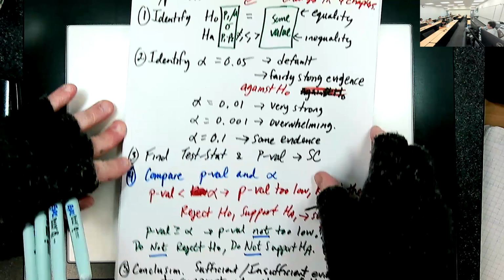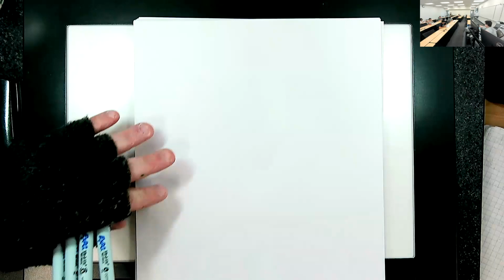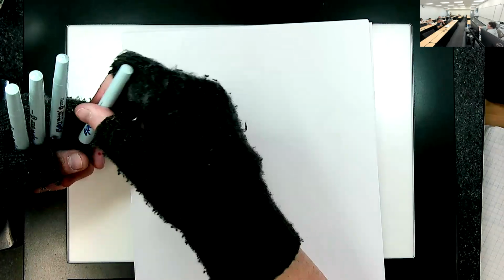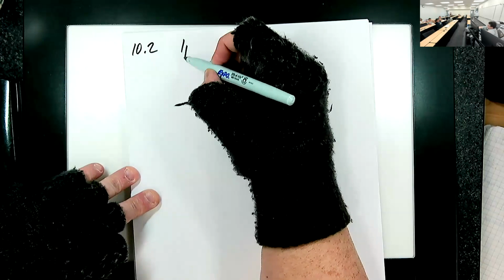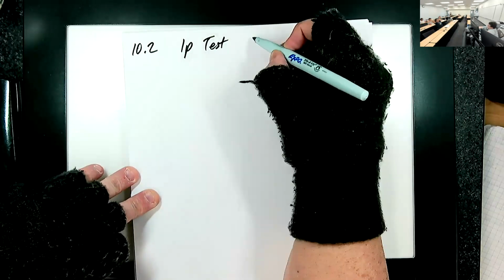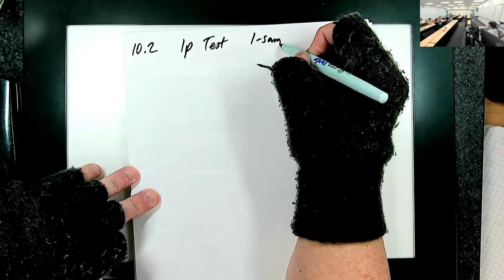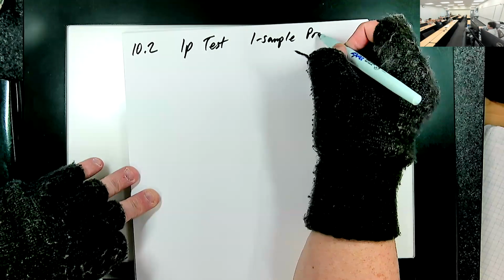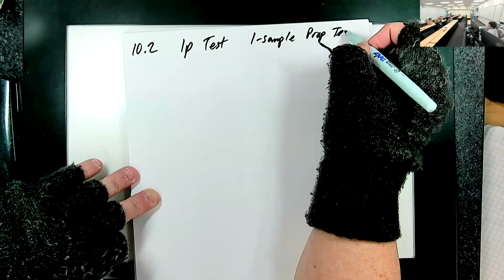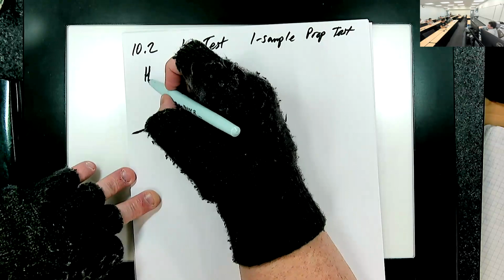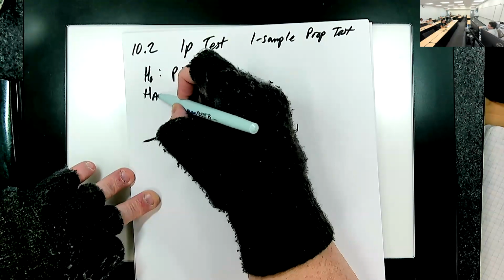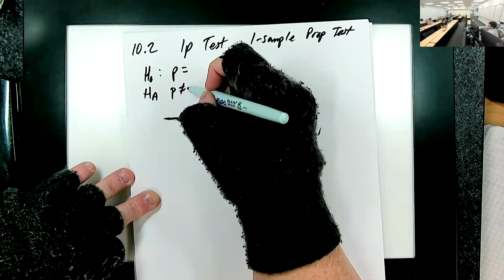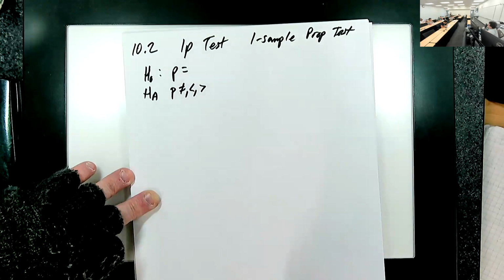All right, so that was the general thing. So what did we do in 10.2? 10.2 was my 1P test, one sample proportion test. And H naught was P equals, HA was P doesn't equal, less than, or greater than.